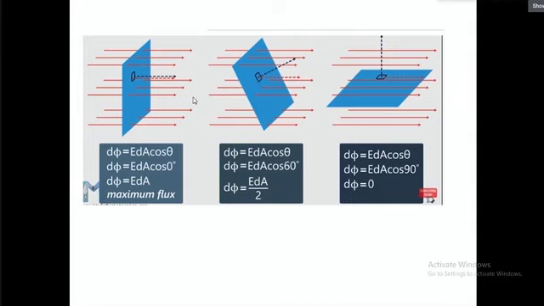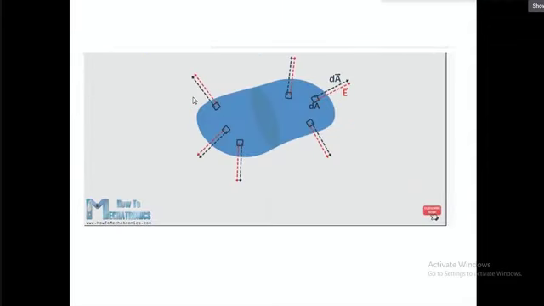And in the third case, no flux is cut by the small area because the angle between the flux density and the perpendicular to the surface is 90 degrees. So this is how you can understand how the surface and its normal are represented in a Gaussian surface.